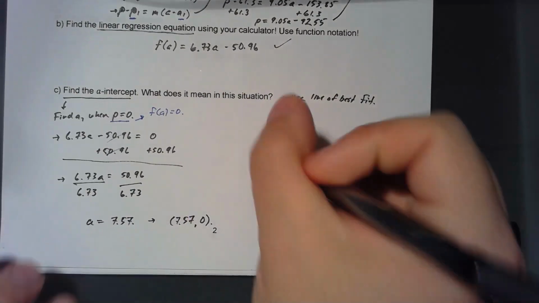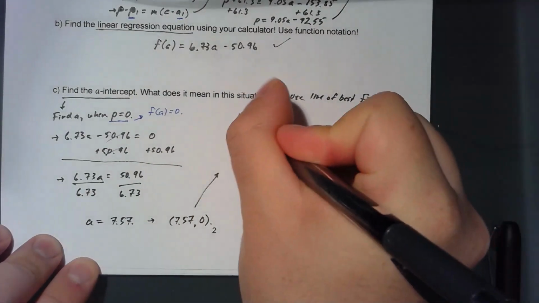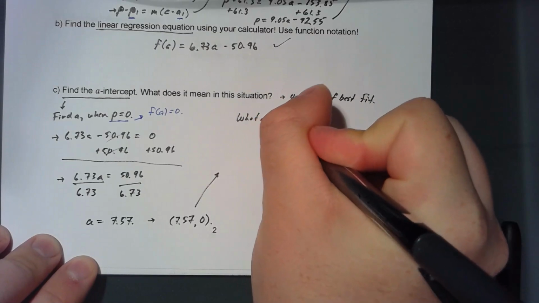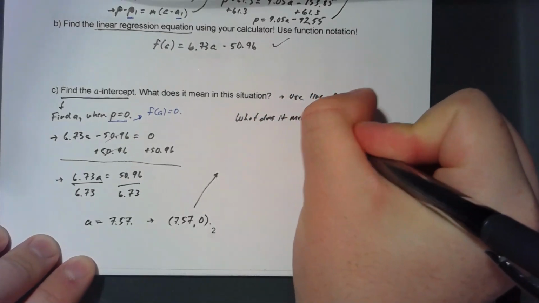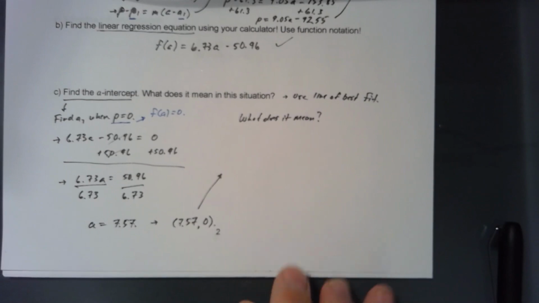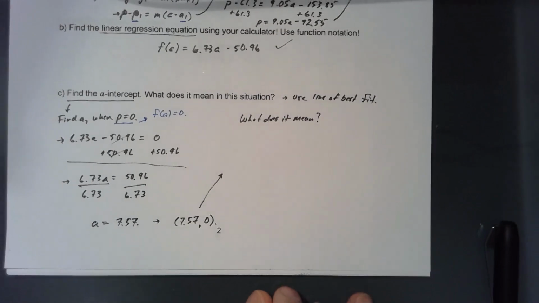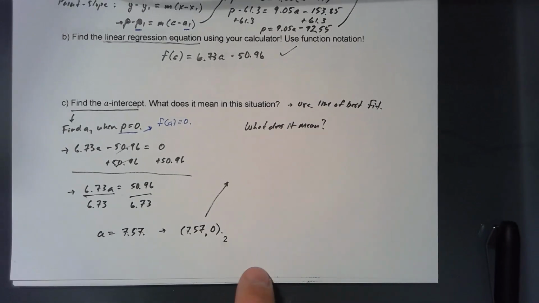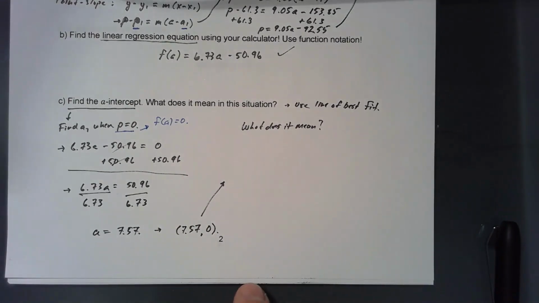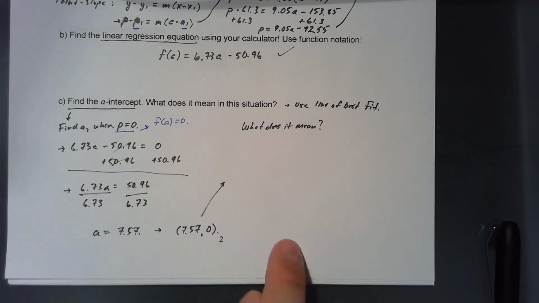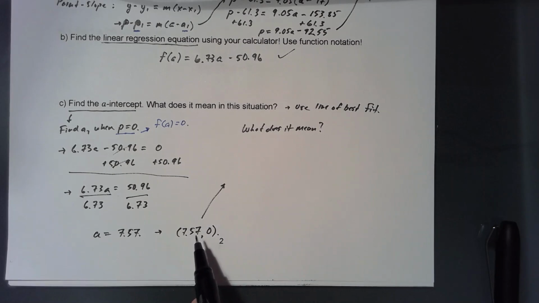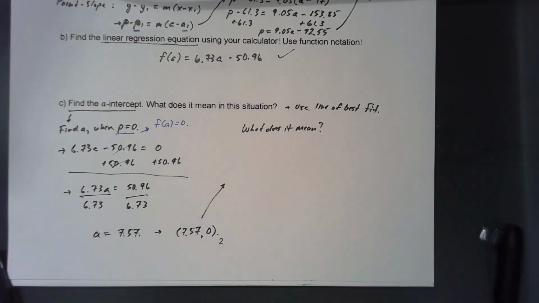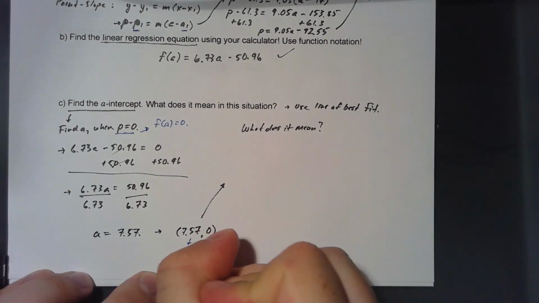What does it mean in this situation? So, if you remember, this is the a coordinate. This is the p coordinate, right? This is a.